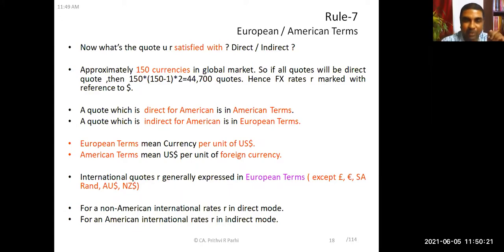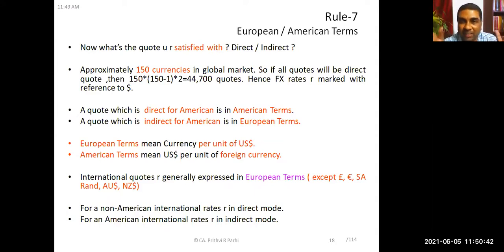So totally, 150 into 149, about 44,700 quotations will be floating in the international market, fluctuating every second. How to manage that? How to take decisions? It is a very complex task.